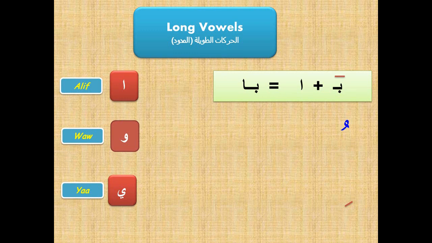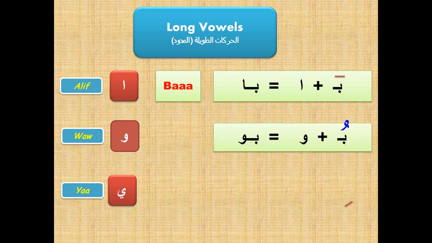It is a long one. And here, if you can see, I write B and 3 A's in order to show that you should pronounce it like this. Baa. The following, bu plus waw, we say boo. So here again, I write B and 3 O's in order to show that you should pronounce it like this. Boo, long one.